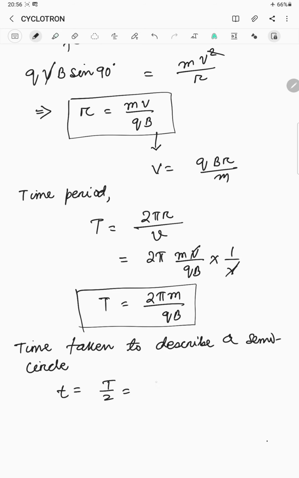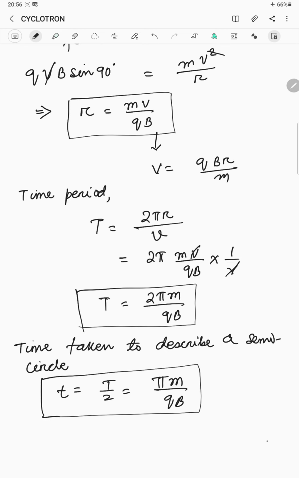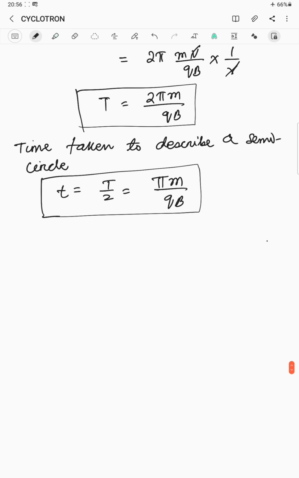So we have pi m by qB. So please try to understand. For completing the half circle, t will be pi m by qB. That means with this time, pi m divided by qB, the oscillator should also change its polarity. For changing that polarity, it should take this much time. Okay, this is one piece of information from here.